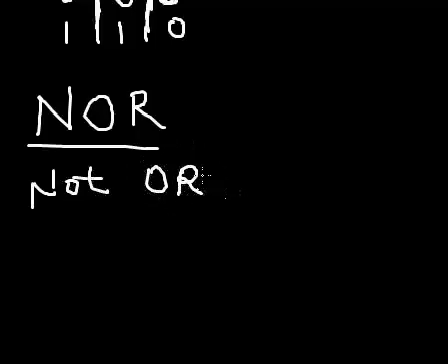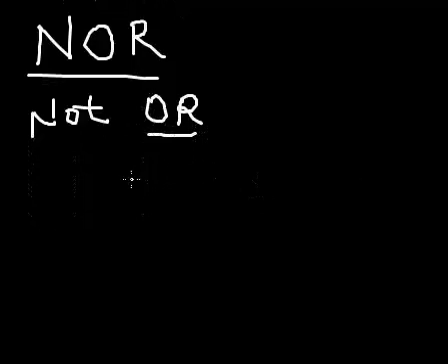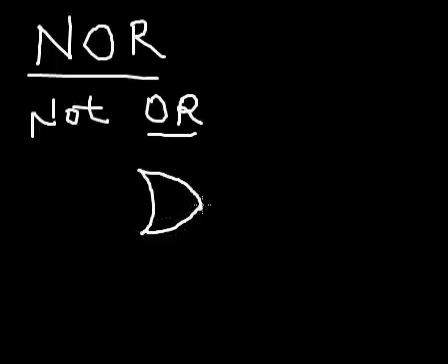So that means it is not an OR gate, and the symbol is still the symbol of the OR gate, but the output is inverted. There's going to be a bubble at the output. Please take note. Remember we talked about the inverter.